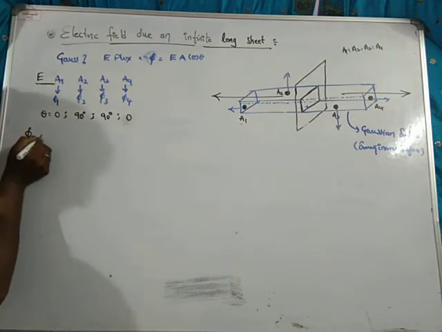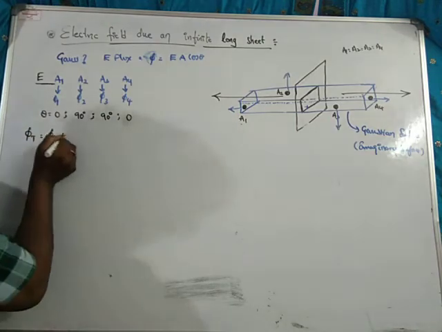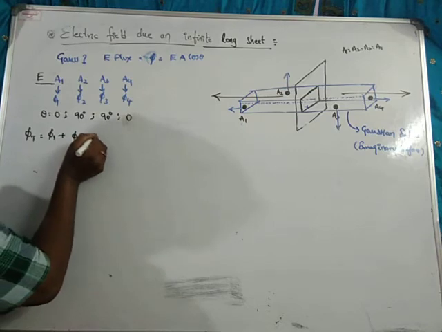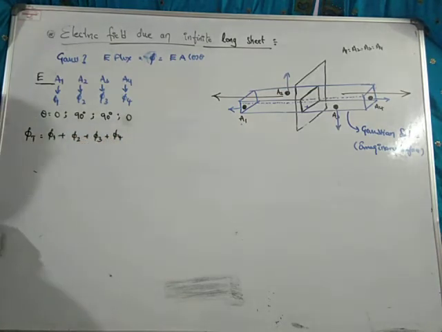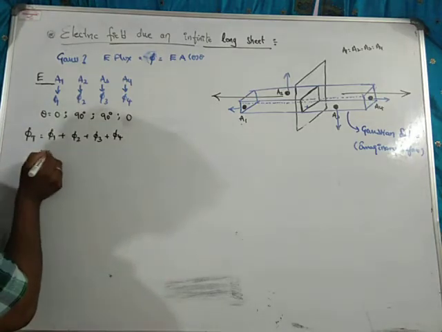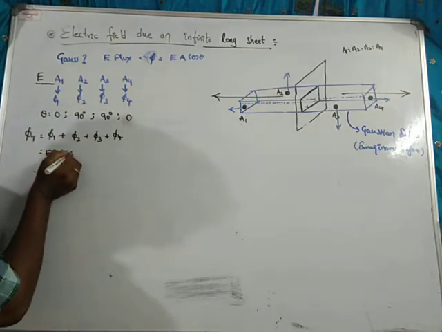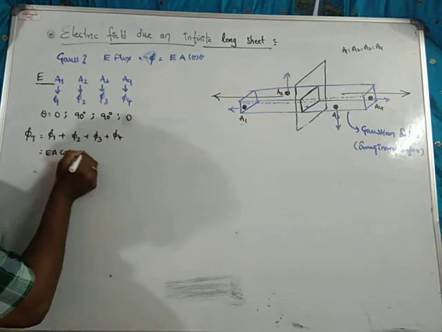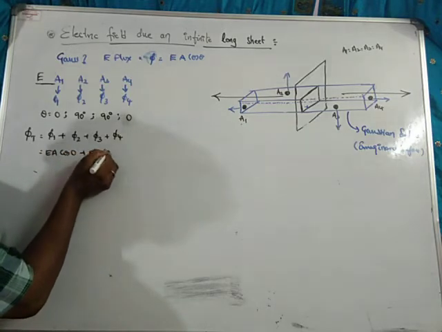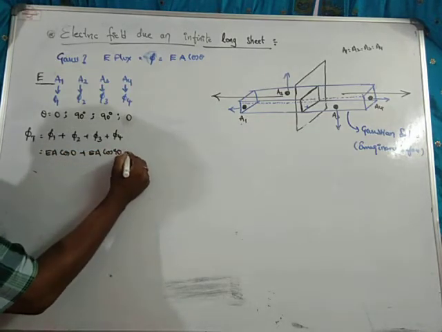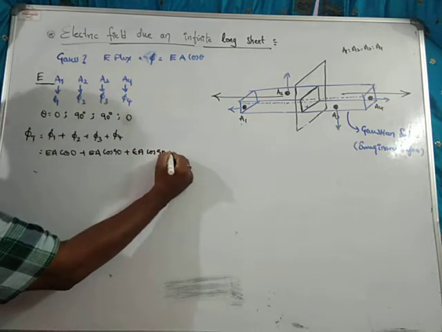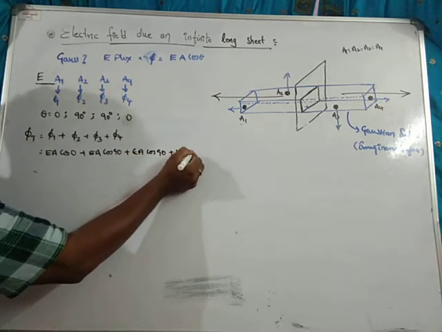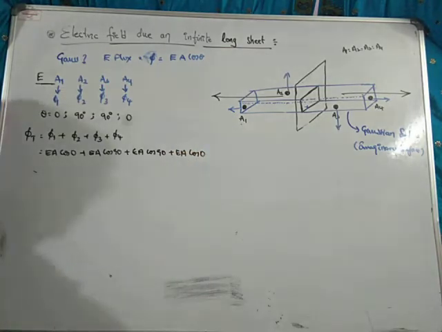So we want to calculate the flux. Total flux is equal to flux 1 plus flux 2 plus flux 3 plus flux 4. So what's the formula for flux? EA cos 0 plus EA cos 90 plus EA cos 90 plus EA cos 0.